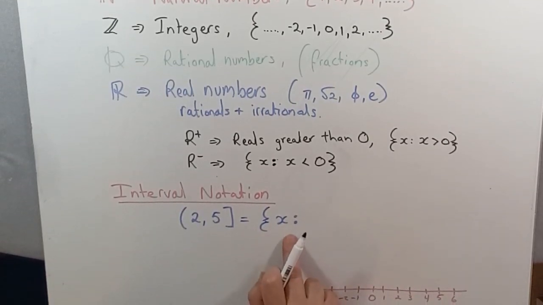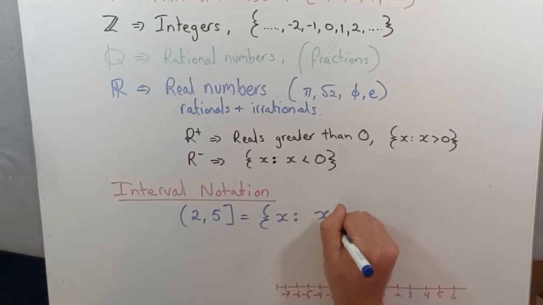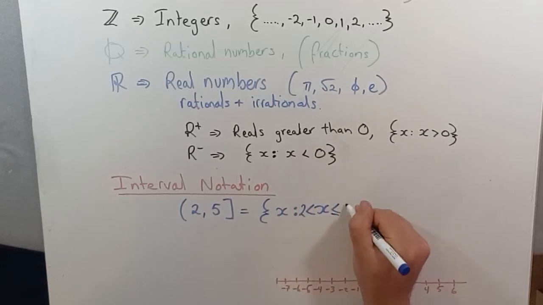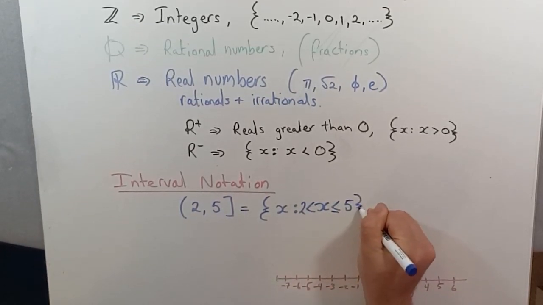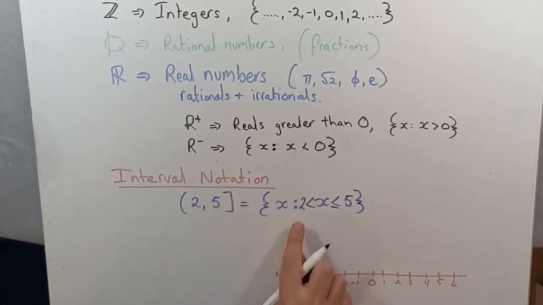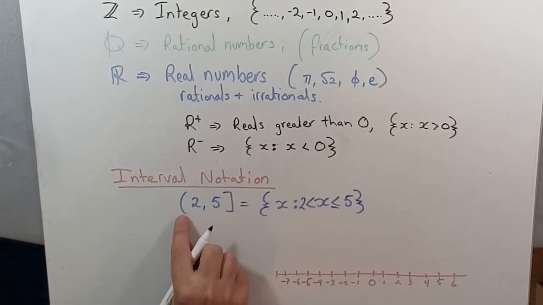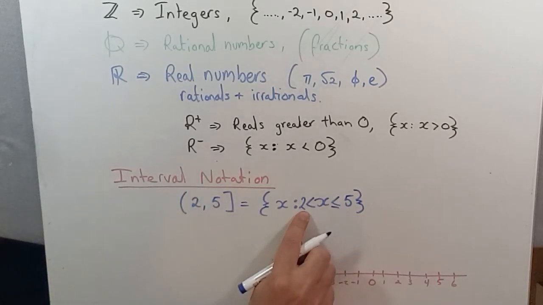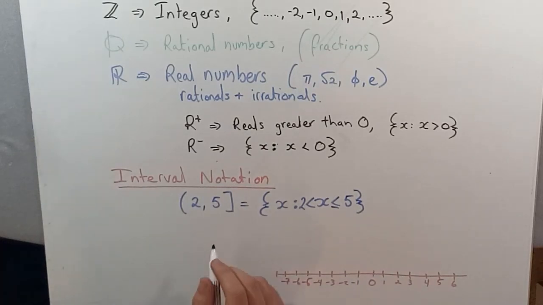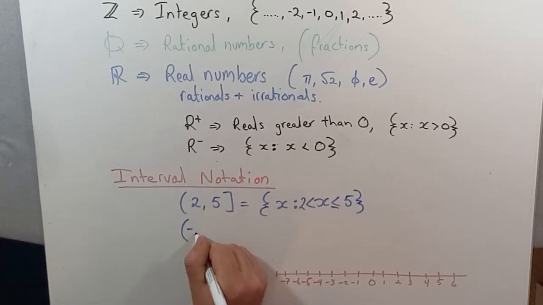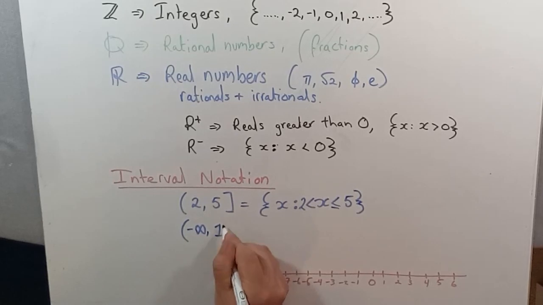So this set, X such that X is between 2 and 5. Now notice how I've got the less than or equal to sign because we've got the square bracket here, and the circular bracket is without the equal sign here. Okay, let's just try one more. So when we're using infinity, I might do an interval from negative infinity to 1.